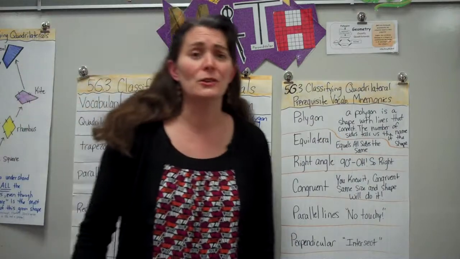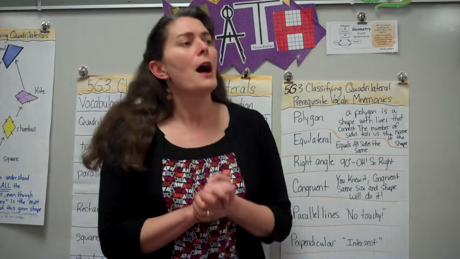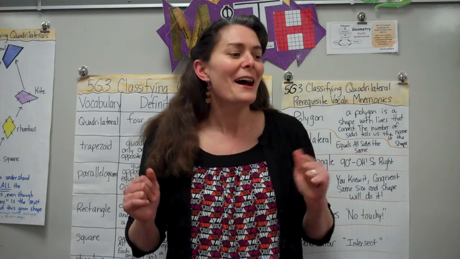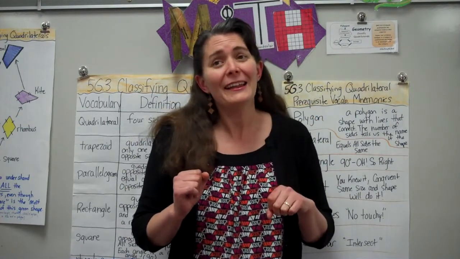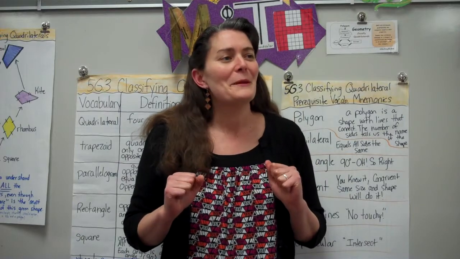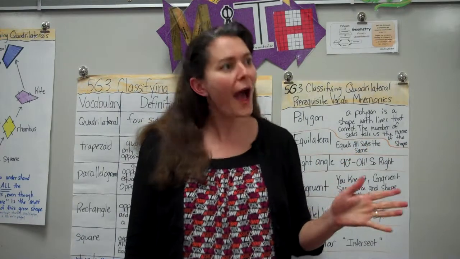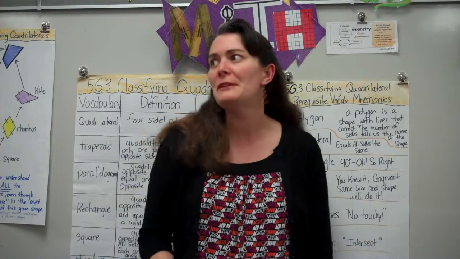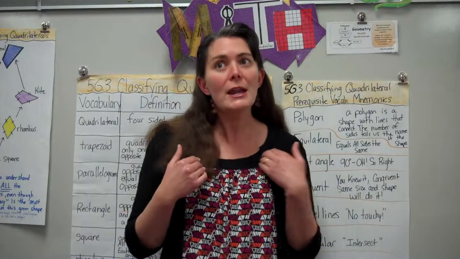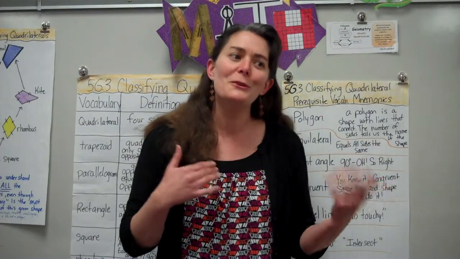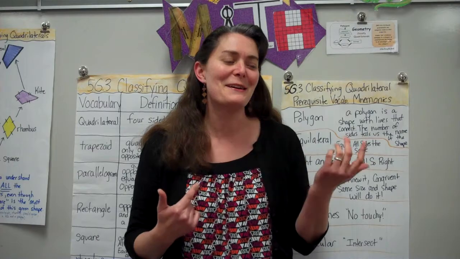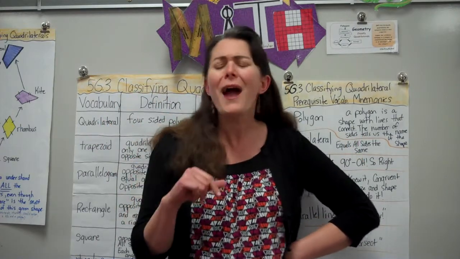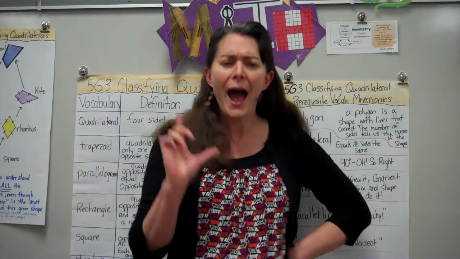The other one is right angle. You need to know what a right angle is. I used to remember this back when I was a middle schooler. It was very popular to talk kind of like a valley girl. People would say, oh my gosh, she is so right.